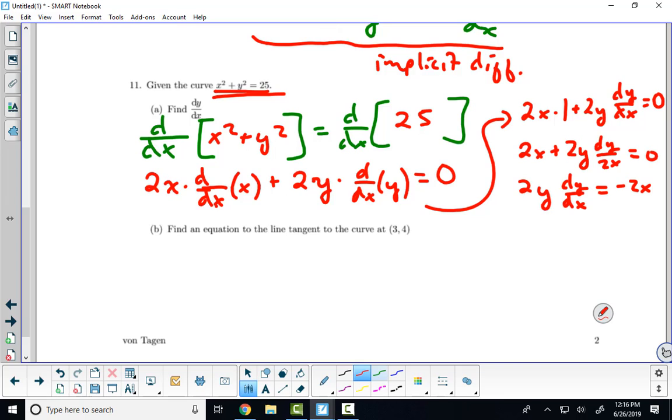Okay, Angela, what am I going to do to solve for dy/dx? Move 2y to the negative 2x side. Yeah, exactly. Let's divide that 2y over. And that gives us dy/dx equals negative 2x over 2y, or dy/dx equals negative x over y.